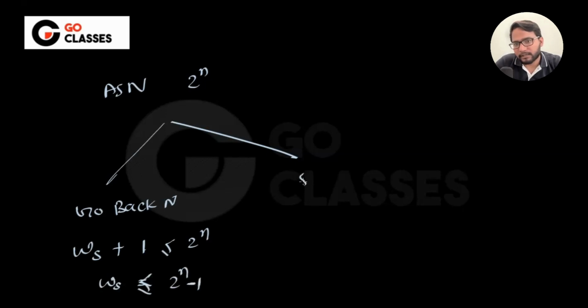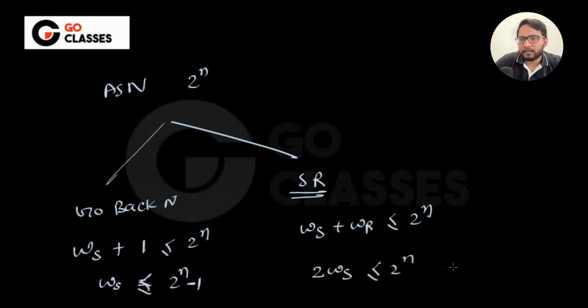But in the selective repeat protocol, WS plus WR should be less than or equal to 2 power n, and here these two are equal. So 2 into WS is less than or equal to 2 power n, so WS is less than or equal to 2 power n minus 1. So this is minus 1 in the exponent here, and minus 1 in the base there.